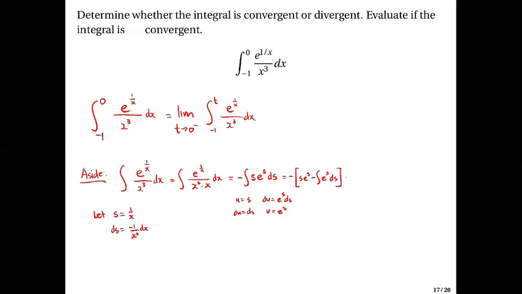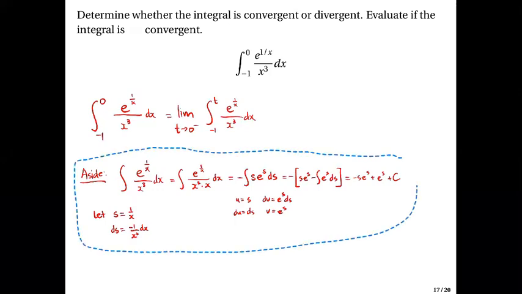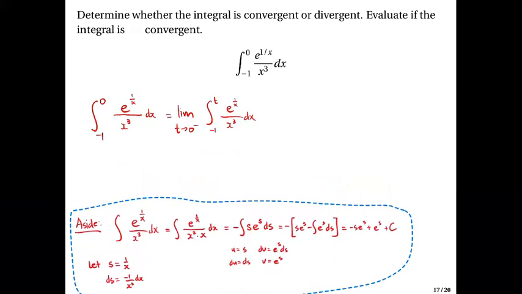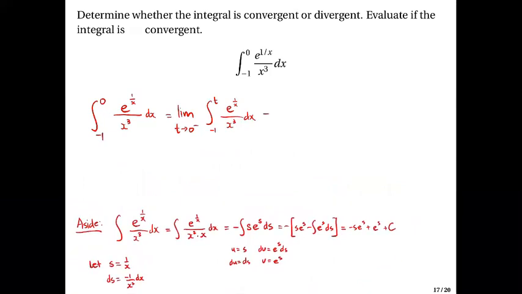If we continue, we get negative s e to the s plus e to the s plus an arbitrary constant c. And then we bring back our x, since s equals 1 over x. Anyway, I'll stop the computation for this part here. Then I'll now continue with our original problem.